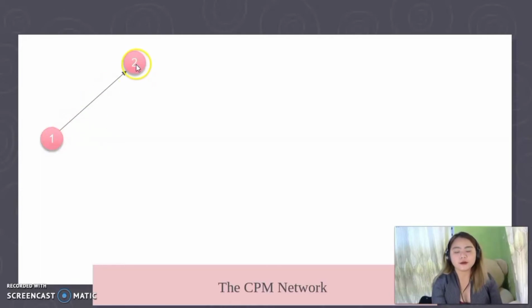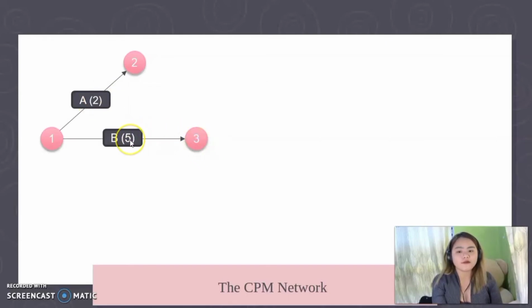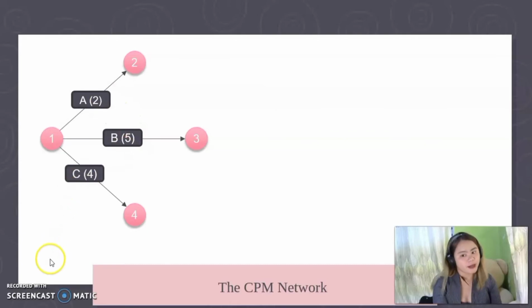And this is node 2, and this is our activity A, whose duration is 2 months. And our activity B here is 5 months, and our activity C is 4 months. So this is our first 3 activities A, B, and C.